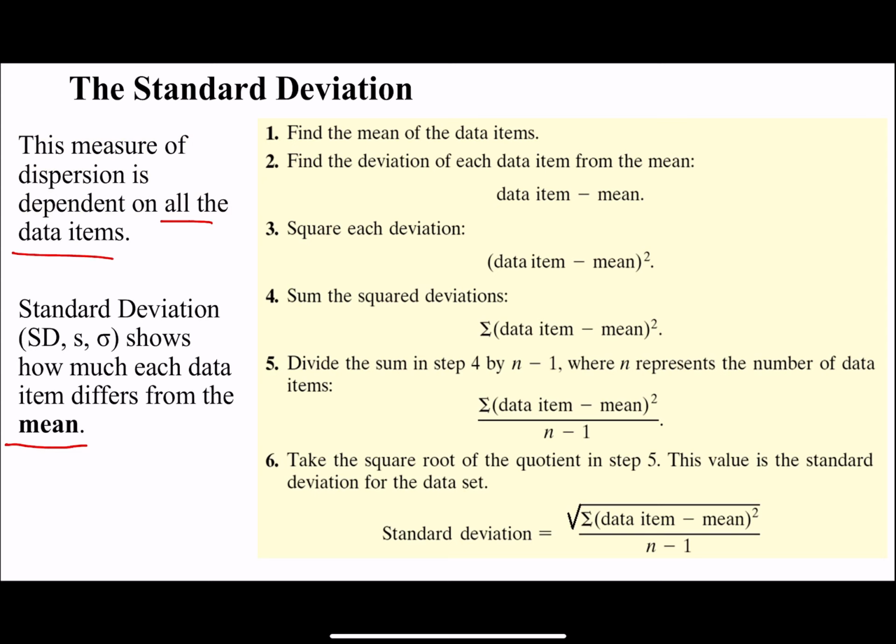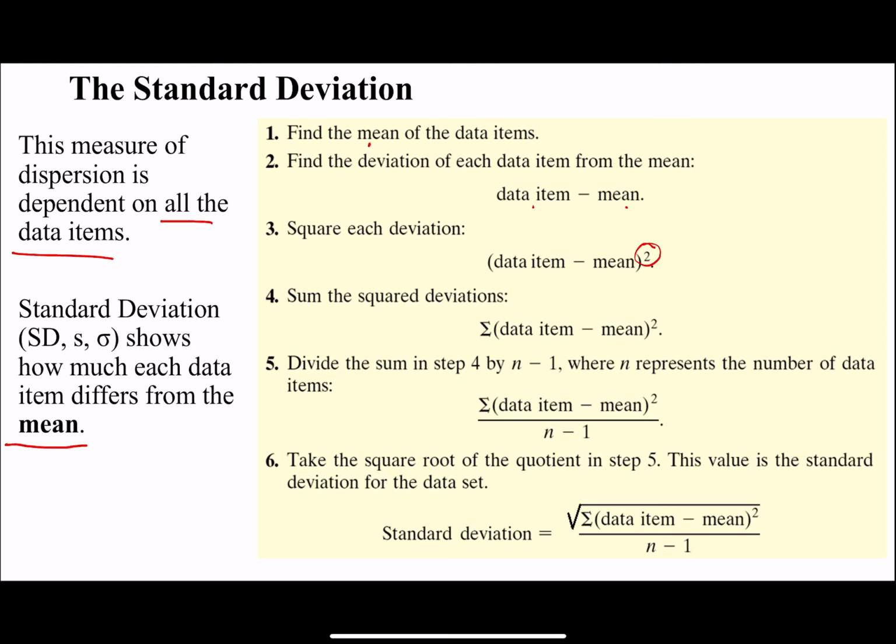So, let's explain how we come up with an equation for the standard deviation. We want to see how far each data item is from the mean value. First of all, I find the mean value. Then I find the difference between each data item and the mean value, and because I don't want a negative value, I make that squared.